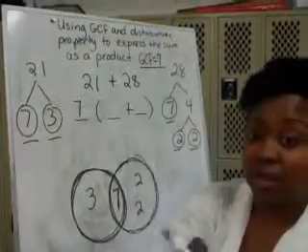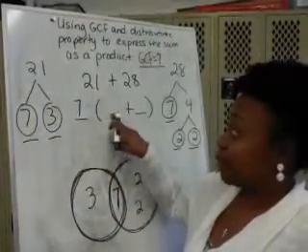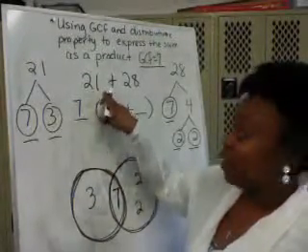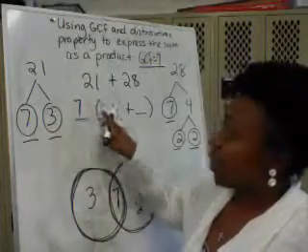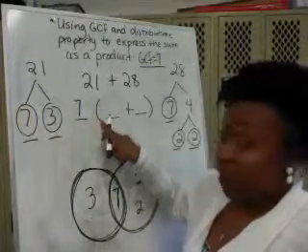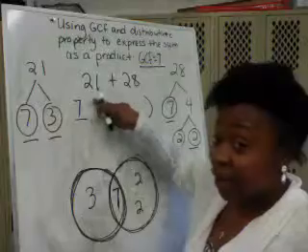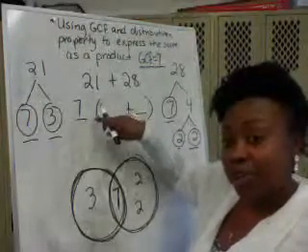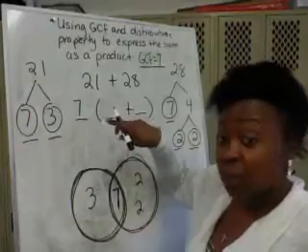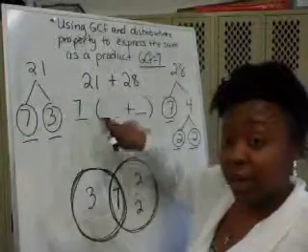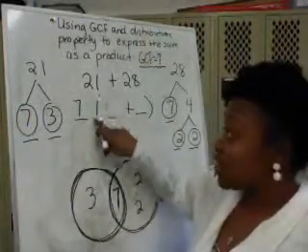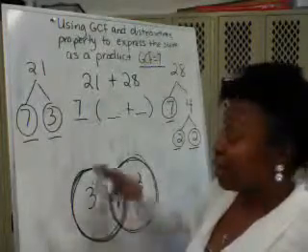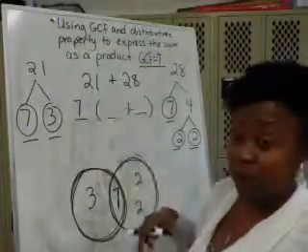7 times what number gives me 21? Remember, if there's a number and a parentheses and there's no operation there, the operation is multiplication. If there is an operation there, use the operation that's there. But if there's no operation there, the operation is multiplication. So there's nothing here, so I'm going to multiply. 7 times what number gives me 21?